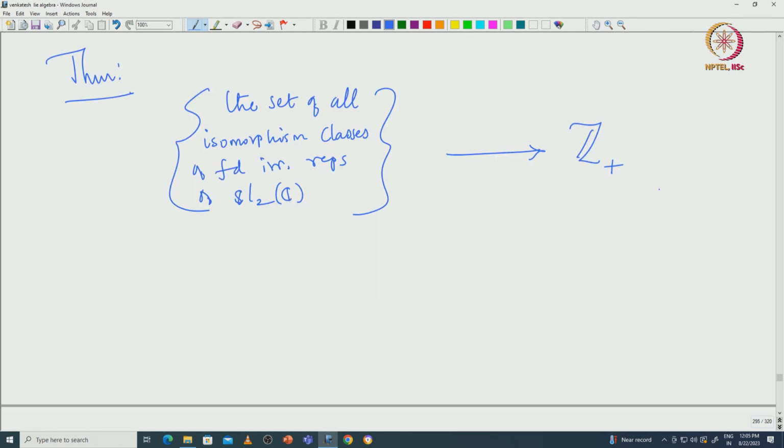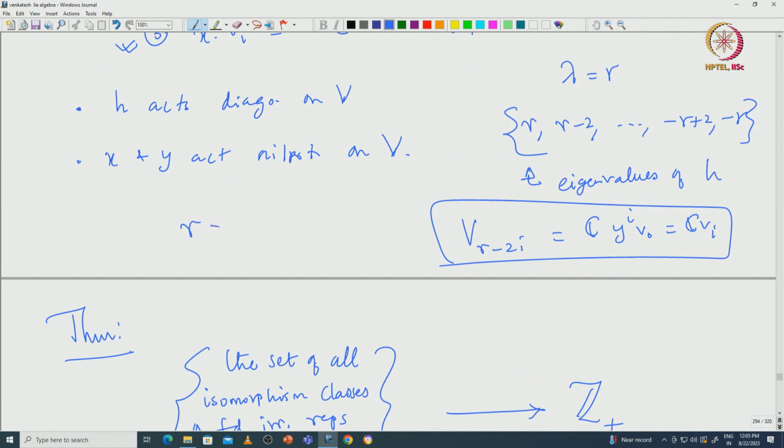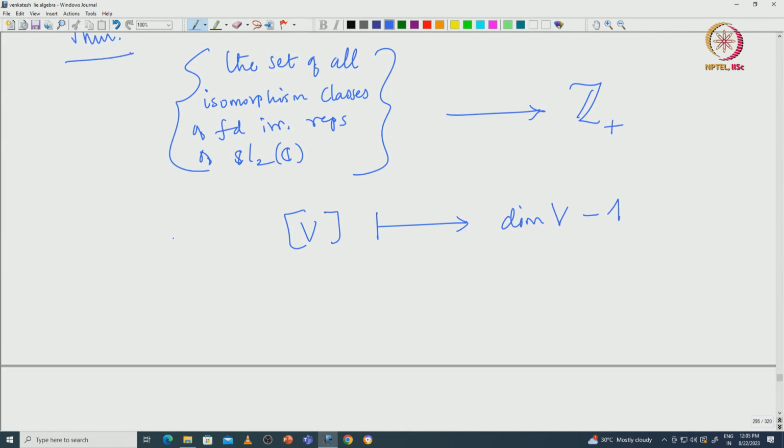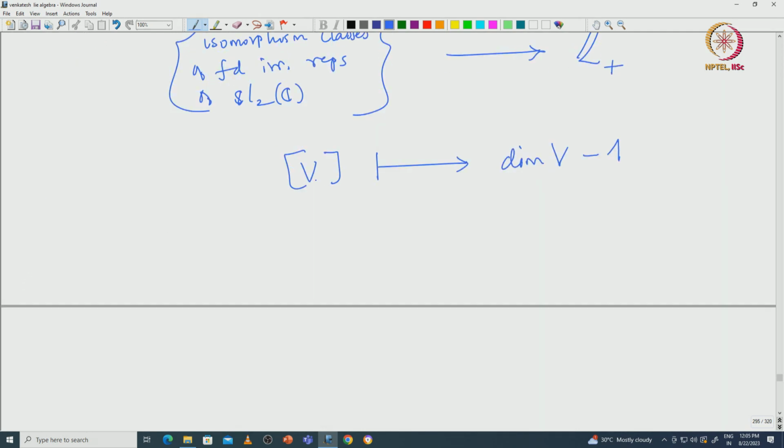The map is very natural: you take this class V and send it to dimension V minus 1, because recall the relation, this R has to be dimension V minus 1. Basically, this R captures all the information about this capital V. And it is clear that this map is well defined, because if you take two isomorphic irreducible representations, the dimensions will be the same, so this number will be the same. So, what we need to check is that this map is surjective as well as injective.